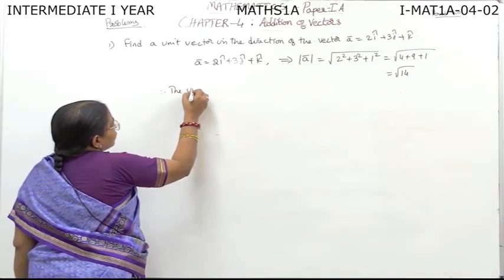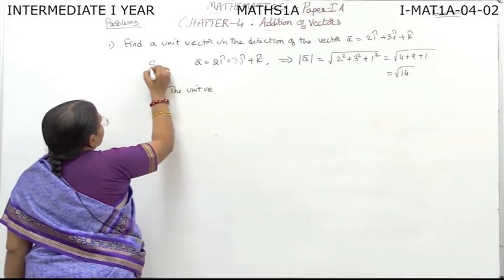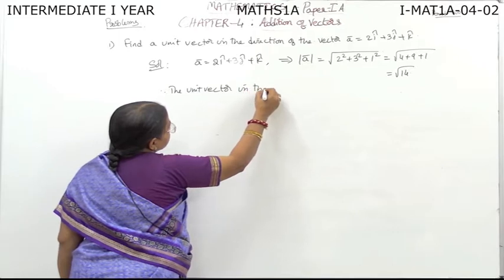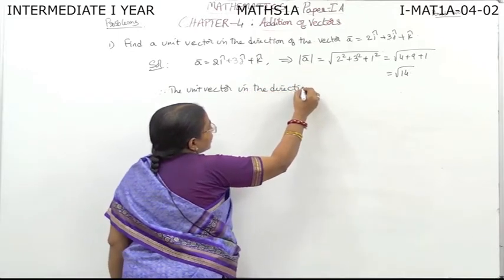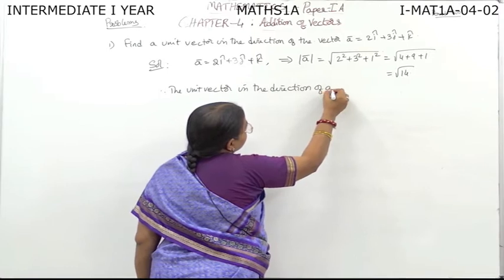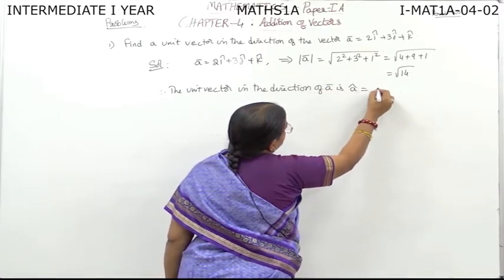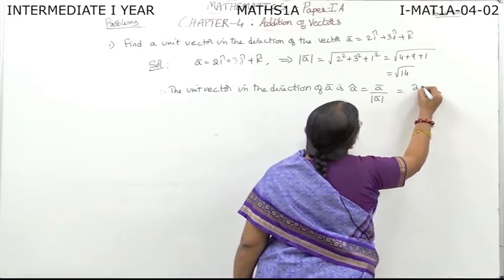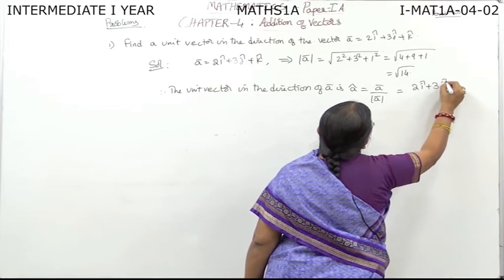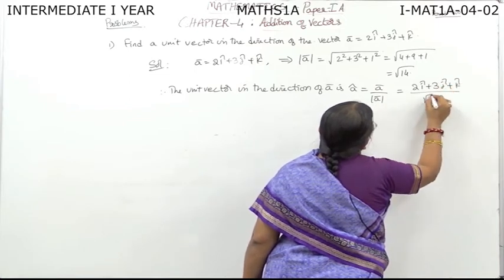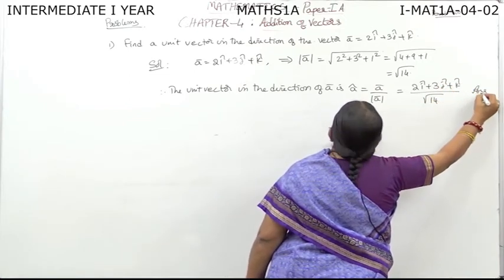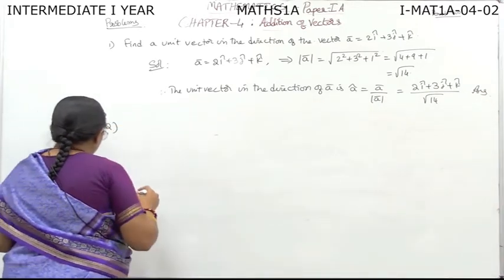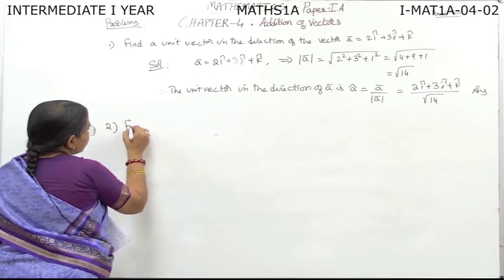So therefore the unit vector in the direction of A is A cap is equal to A by mod A, that is 2i plus 3j plus k by root 14. That's all. That is the answer. Okay? Direct problem.